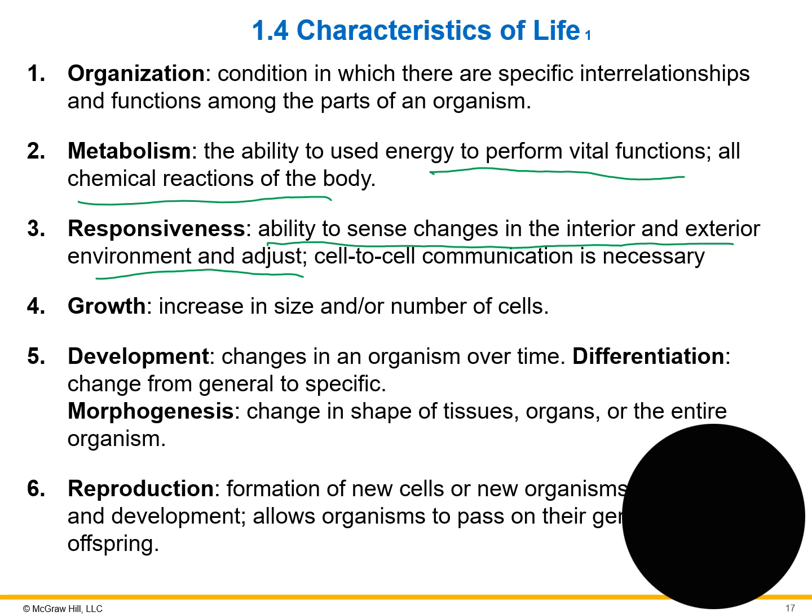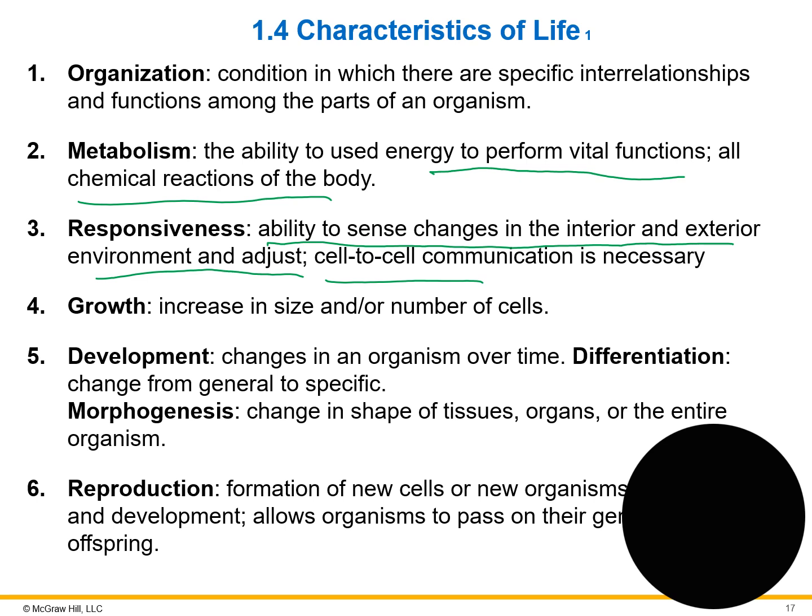In order to do that, cell-to-cell communication is very necessary. For example, right now it is a cold temperature, so our body detects and figures out the changes and makes our internal conditions stable based on what changes are happening.